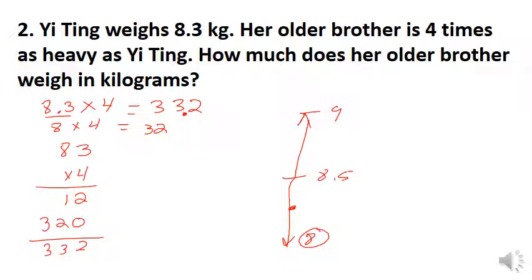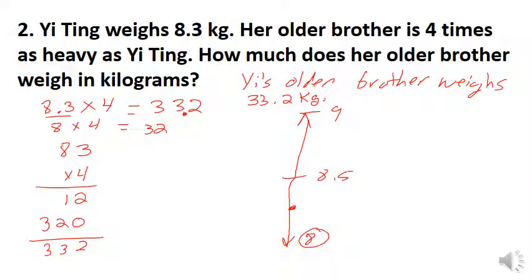So Yi Ting's older brother weighs 33.2 kilograms.